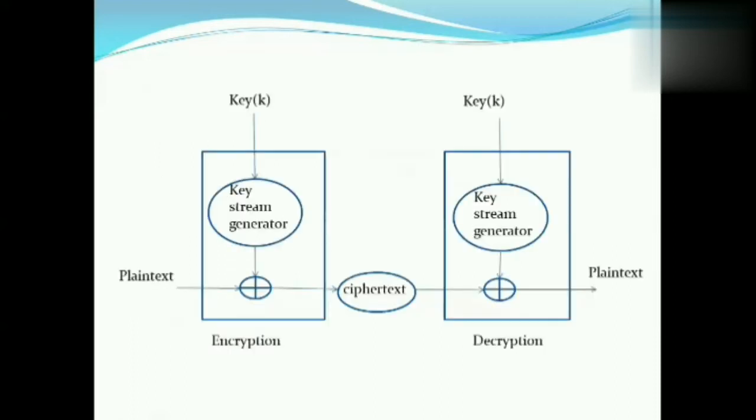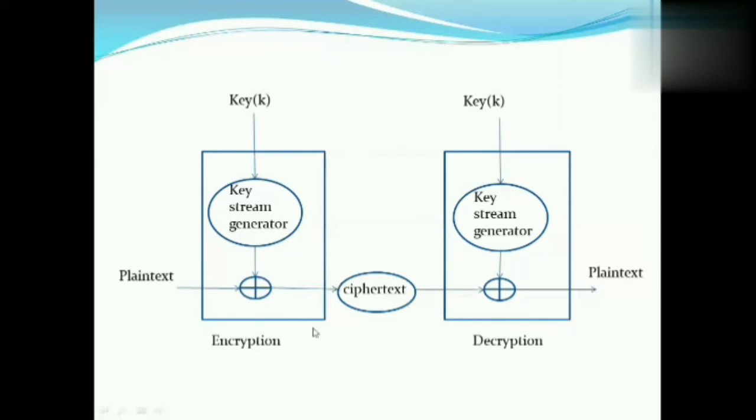Here we see a diagram for this. Initially the key K is shared between the sender and receiver, so both have this key and it is the same. Encryption is done by the sender, and decryption is done by the receiver. The key is given to the key stream generator to generate a key stream, and this key stream is XORed with the plain text to generate the ciphertext.